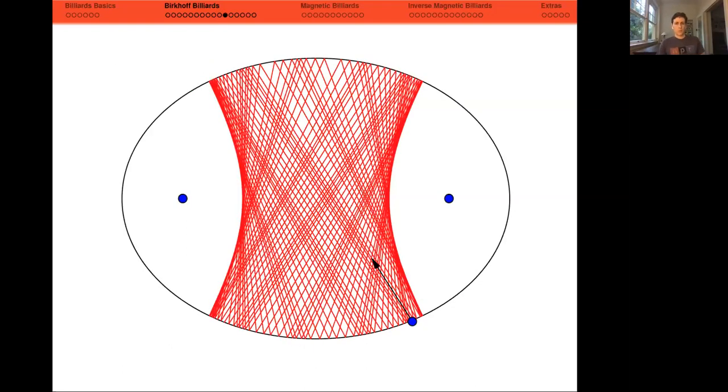So we're looking here at a billiard inside an ellipse. We've got these two blue points, each a focus. Here's an example of a billiard in an ellipse that has a caustic that is not convex. Here we have a hyperbola that is confocal with the original ellipse, so this hyperbola shares a focus with the ellipse.